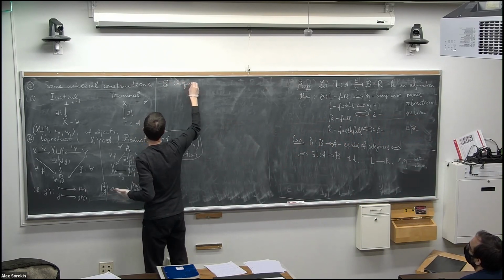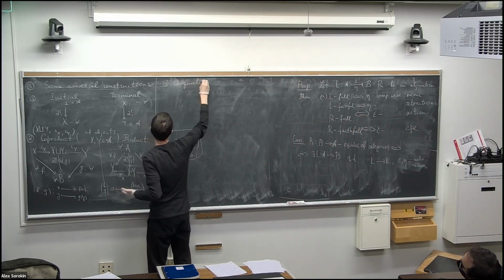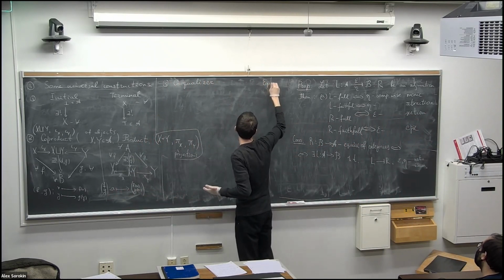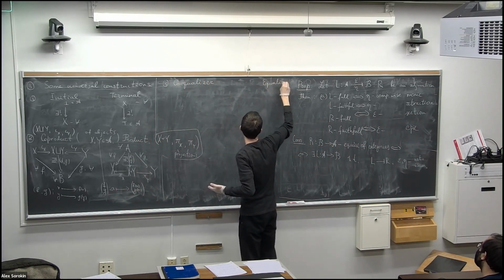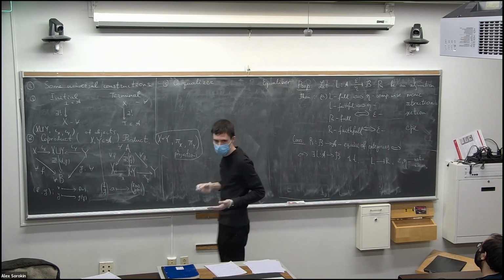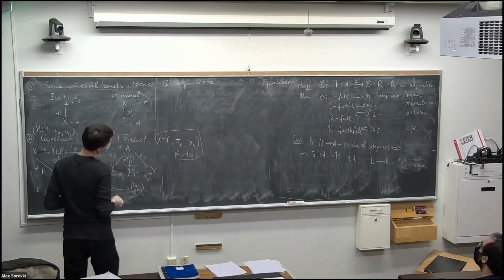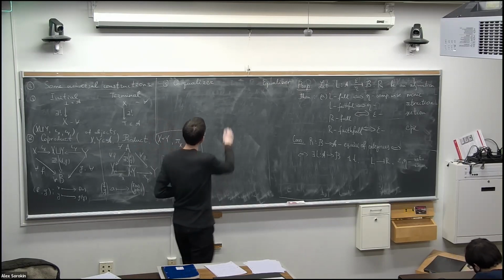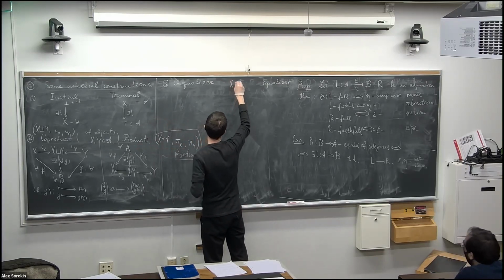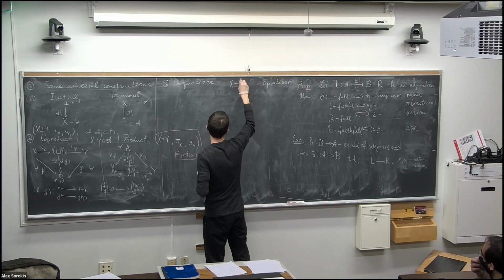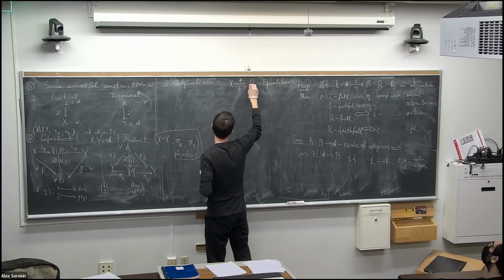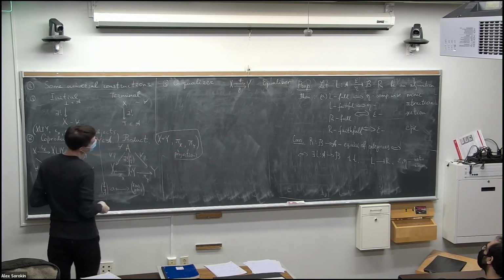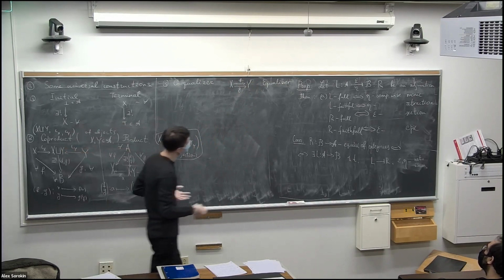Co-equalizer and equalizer. You have two parallel arrows, F and G, between X and Y. Okay, so what does the equalizer do?